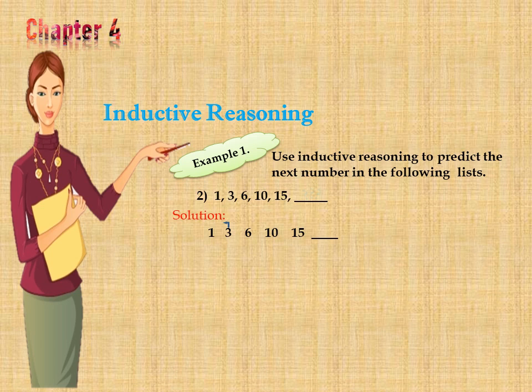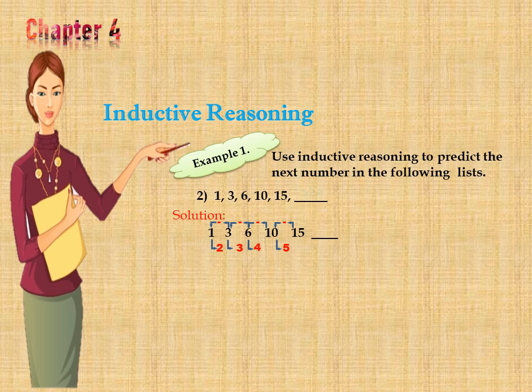Take note that the difference between 1 and 3 is 2, and the difference between 3 and 6 is 3. The difference between 6 and 10 is 4, and the difference between 10 and 15 is 5.